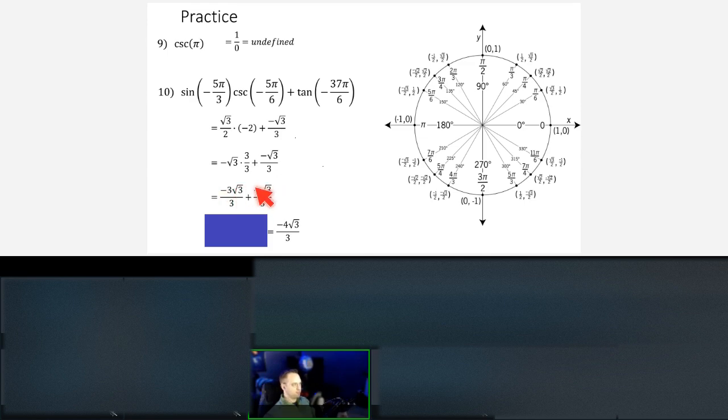Well, negative 3 plus negative 1 is negative 4. But before I do that, I wrote them all together so it's easier to see. And then I made it just a single fraction here. Negative 3 minus 1 is negative 4. You may want to Google adding and subtracting radicals if you need a refresher on how those work.